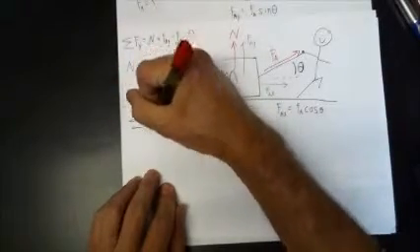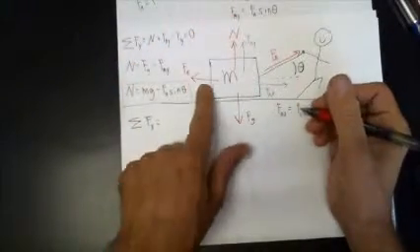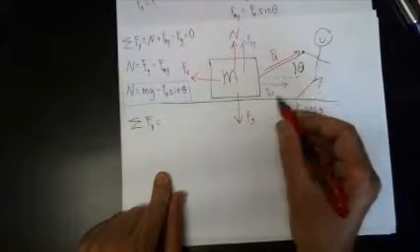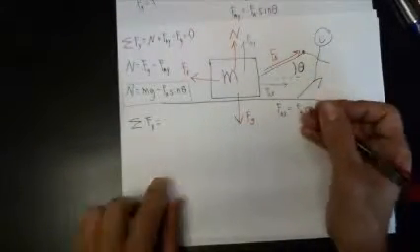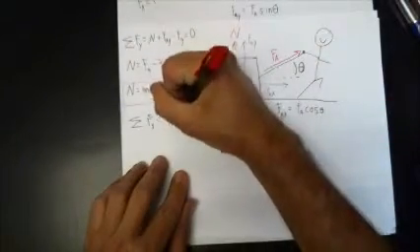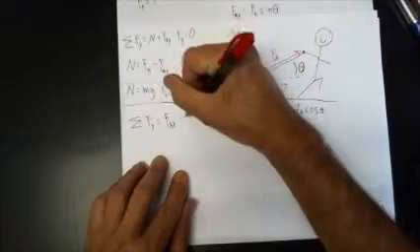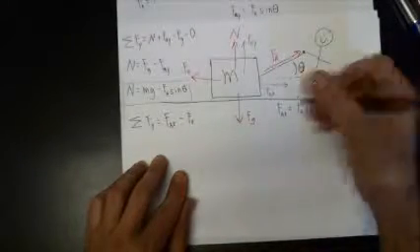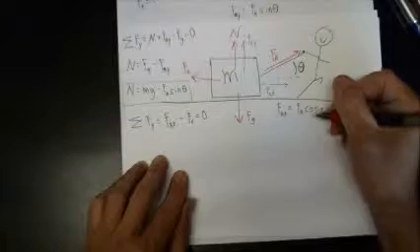Sum of the forces in the x direction is equal to, there's a negative frictional force going to the left. I have positive applied force going to the right. So I'm going to put F of A in the x direction minus the frictional force. Looks like there's no other forces in the horizontal direction, so that's equal to 0.